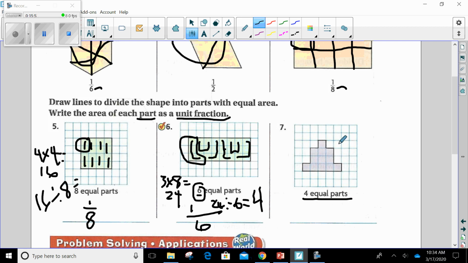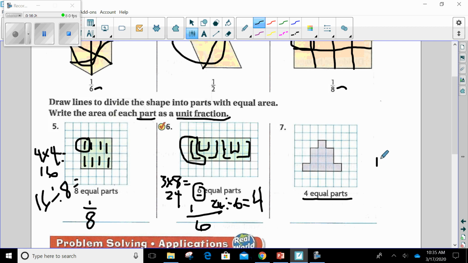We have 4 equal parts. Oh, this one looks a little bit different, doesn't it? Well, we have to figure out how many squares. We can do that by counting. 1, 2, 3, 4, 5, 6, 7, 8, 9, 10, 11, 12. There are 12 squares.